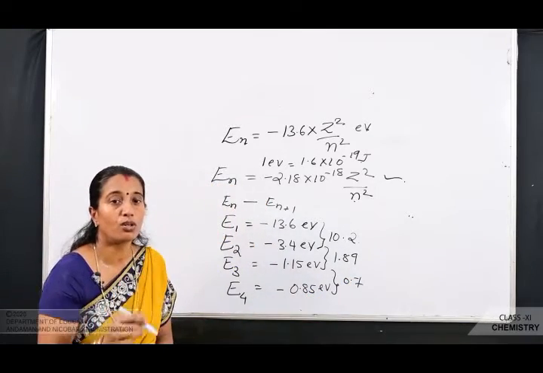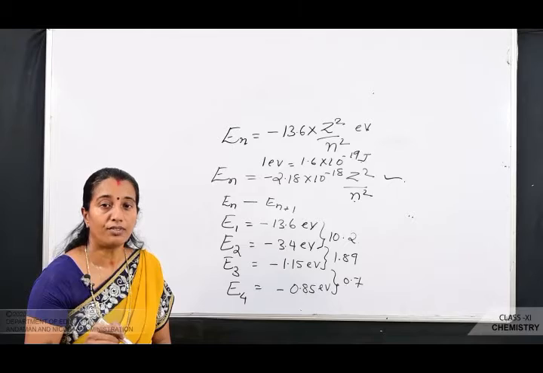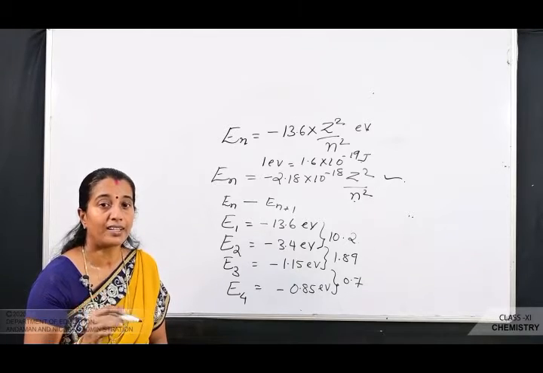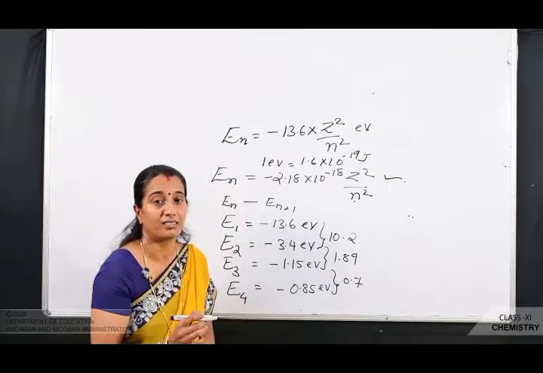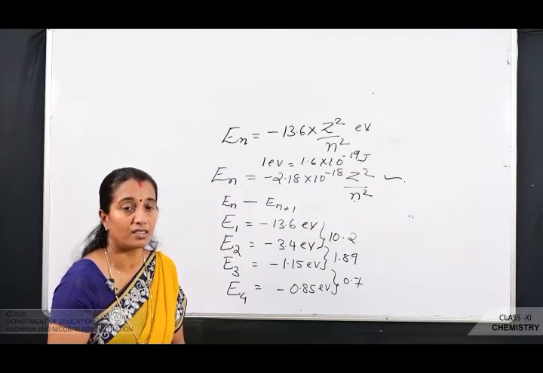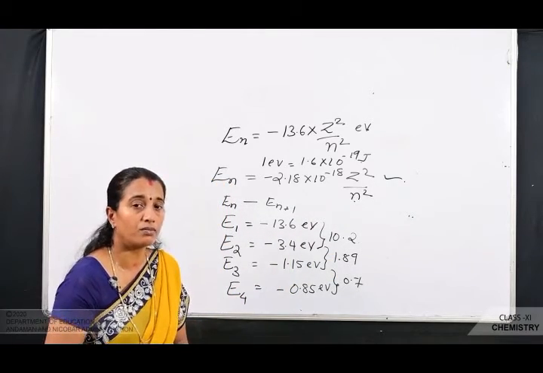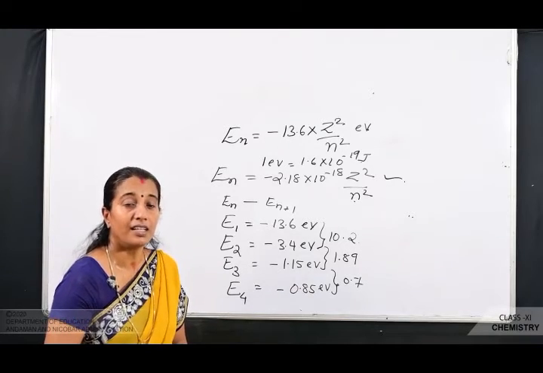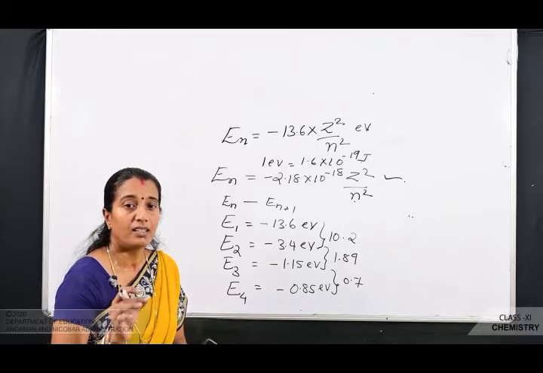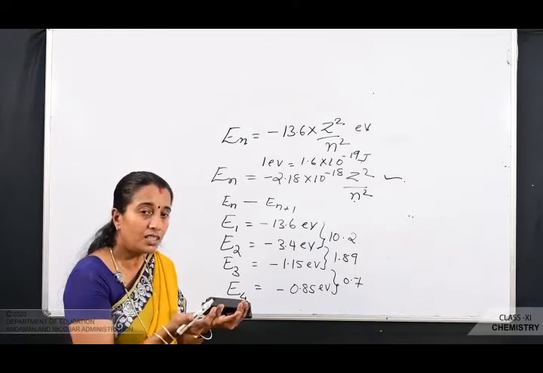So what you observe is that as the value of n increases, the gap decreases. It goes on decreasing, and if we move on to E5, E6, E7, E8, we will find that the energy levels become nearly equal.